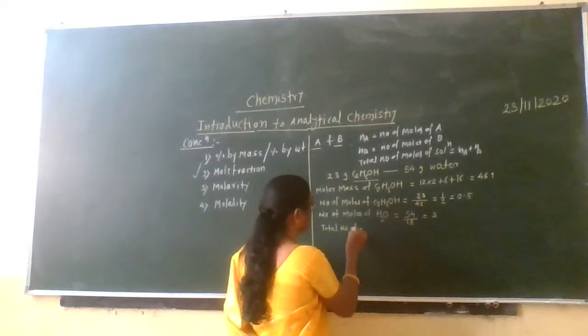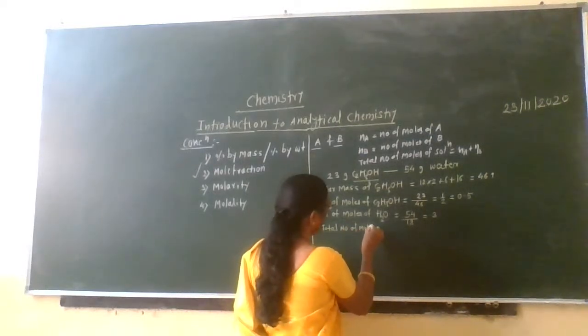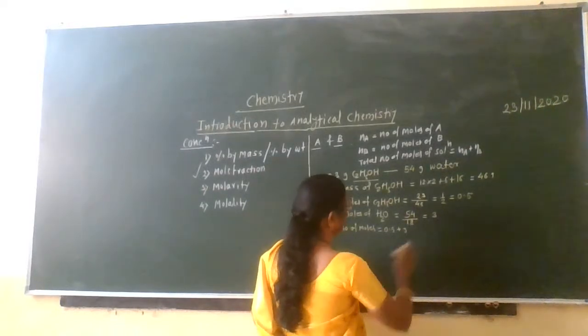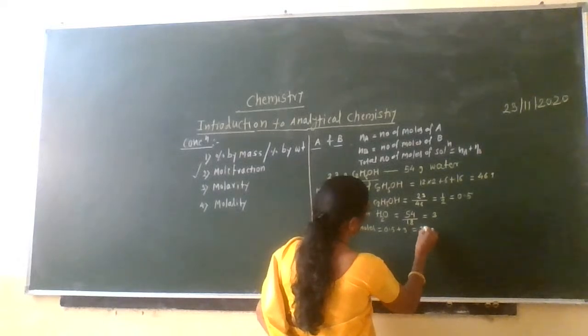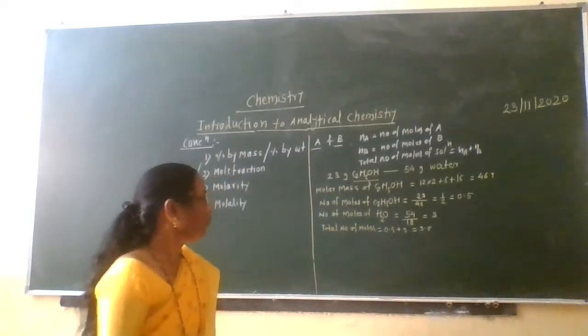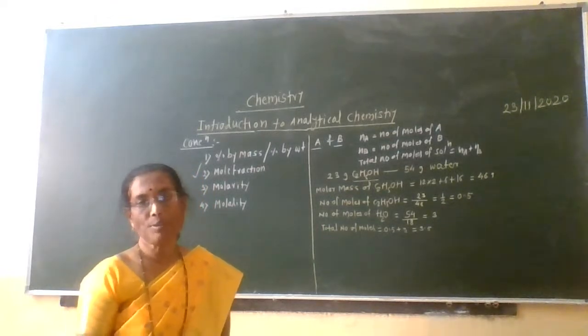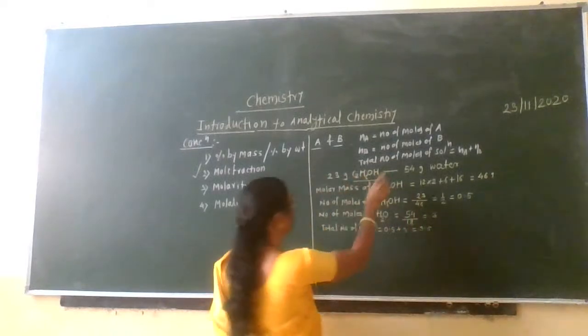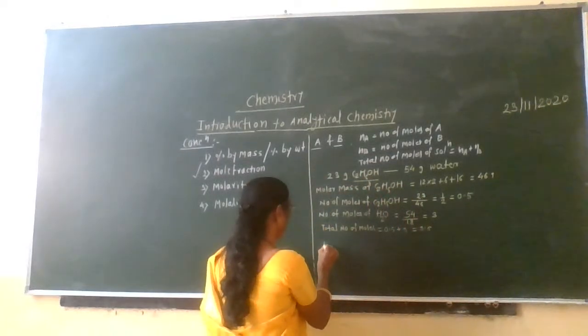Total number of moles present in the solution becomes 0.5 plus 3, that is equal to 3.5. This is the total number of moles of the solution. Now, mole fraction of ethyl alcohol.